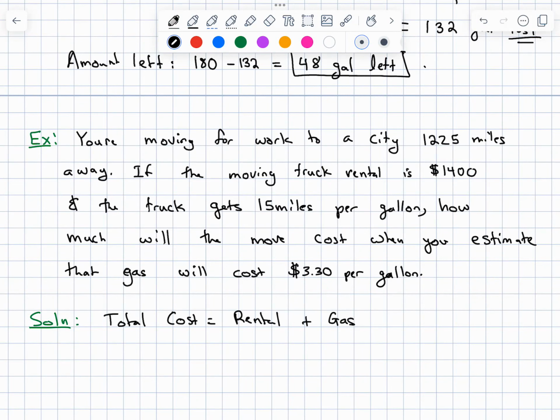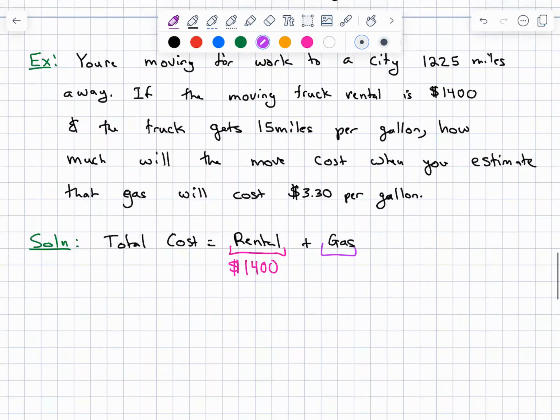The rental is static because I rented it for exactly, I think our trip was 5 days total, because we had our dog with us and he had to take several breaks. So this is 1400, that's fixed. We don't need to calculate that at all, that's already given. But gas is dependent upon a unit conversion. So we'll do that one here.